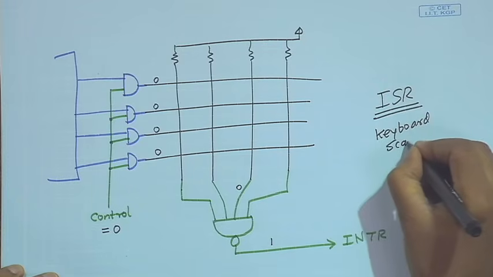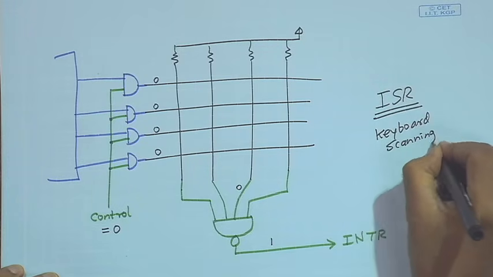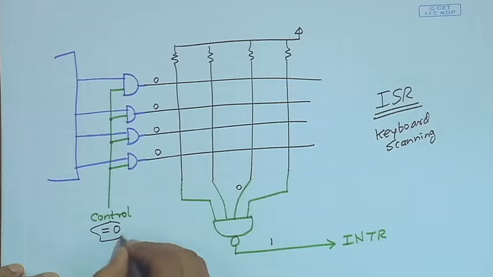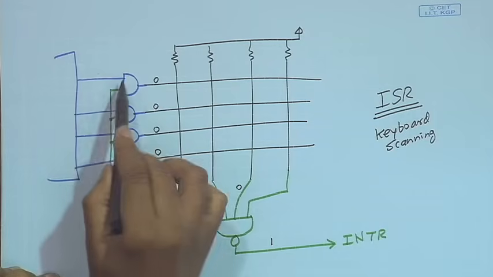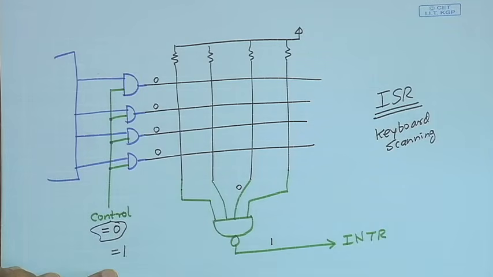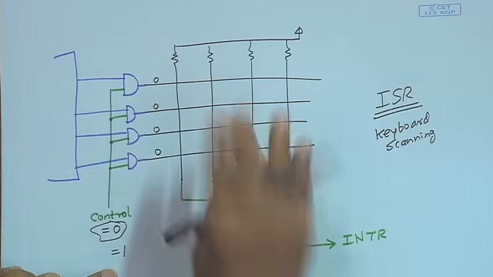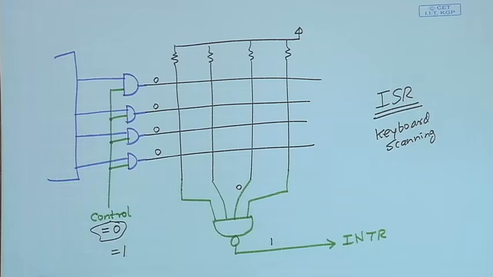When you are inside the ISR doing keyboard scanning, of course, you will have to change the control to 1 during that time, because now whatever you are sending over the port should come to the rows, right. So, with this hardware modification you can have an interrupt driven keyboard interface also.